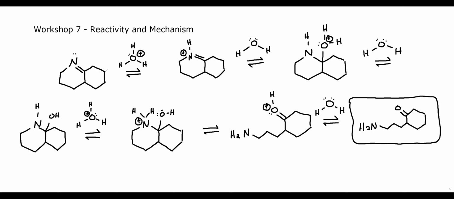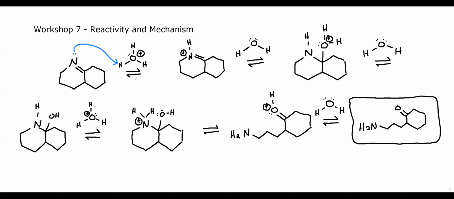Looking at the first step, if we compare the starting material to the next product, all we're doing is adding a hydrogen, adding a proton to the nitrogen. So this would be a proton transfer step. Let's show the proton transfer here by drawing a curved arrow from the nitrogen's lone pair to this hydrogen.